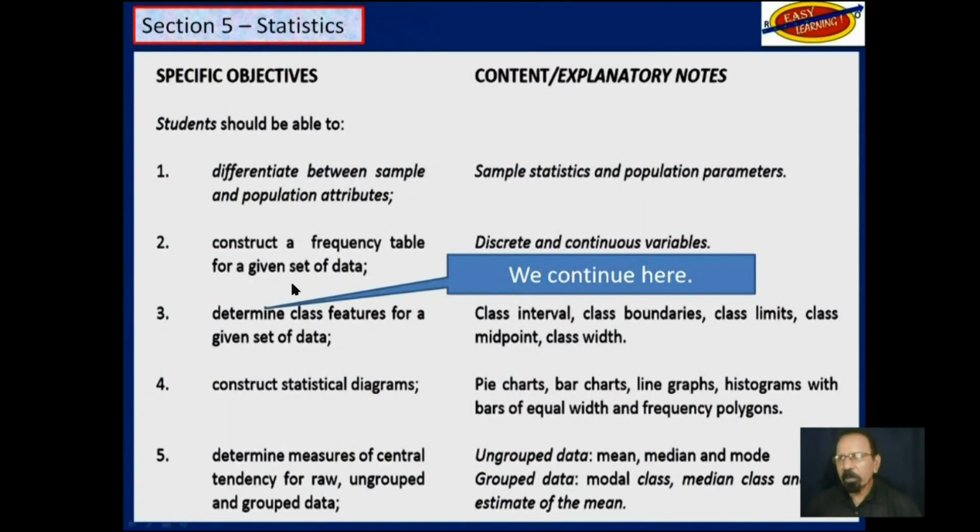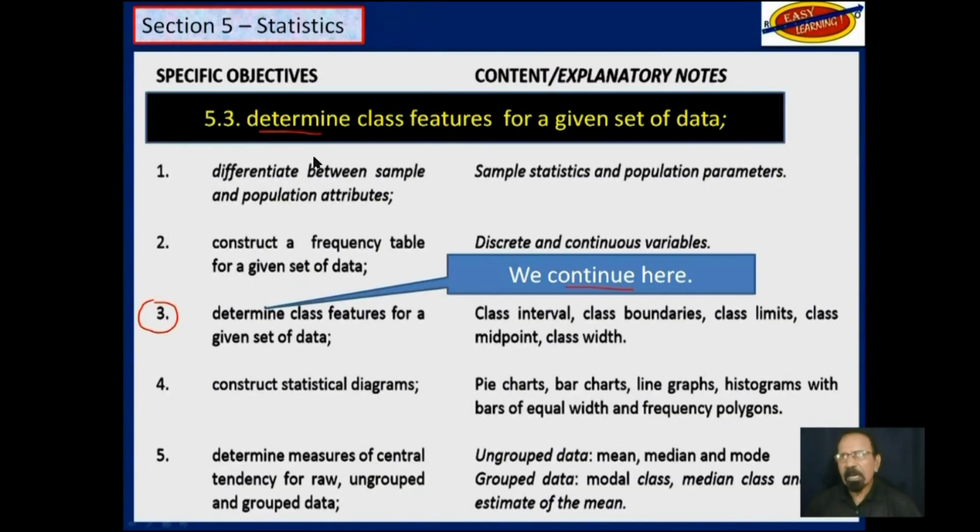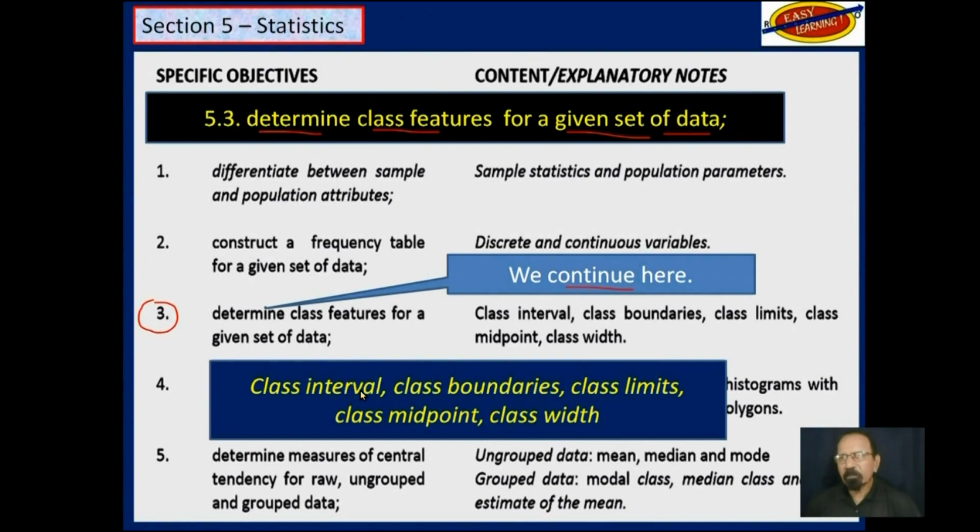As I said, we are here, objective 3: determine class features for a given set of data. The class features explained here are class interval, class boundaries, class limits, class midpoint, and class width. So these are the concepts that we will now be looking at in this video, not in that order.